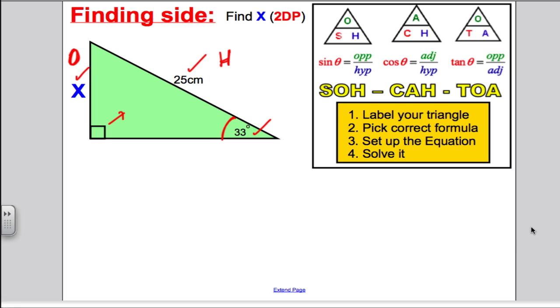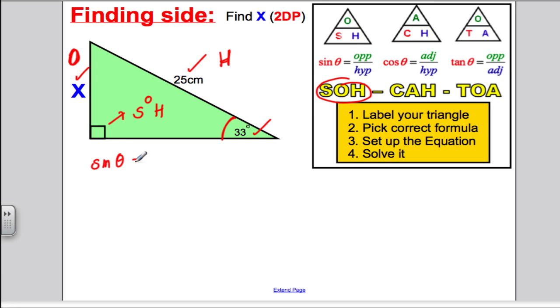Okay, so we ask ourselves, which of SOH, CAH and TOA has O and H in it? Well, SOH does. And we're going to write that down in our triangle. We're going to use SOH. Always write down the equation you're going to use. SOH stands for sine of the angle. Just call it theta for now, even though we know it.